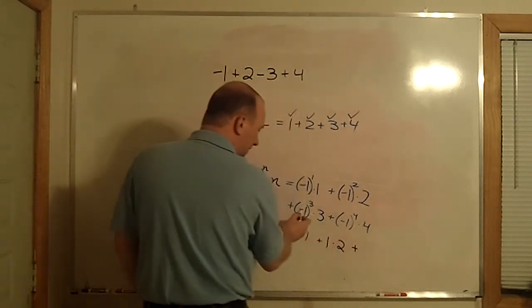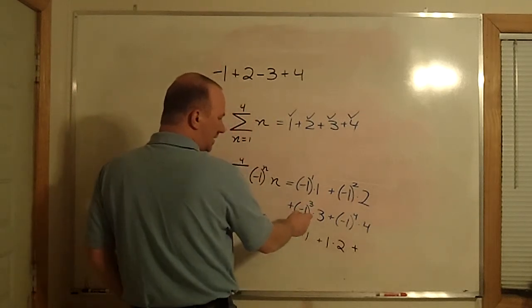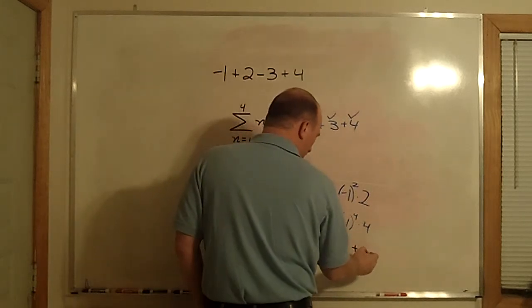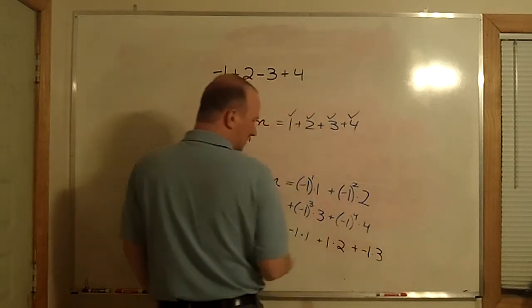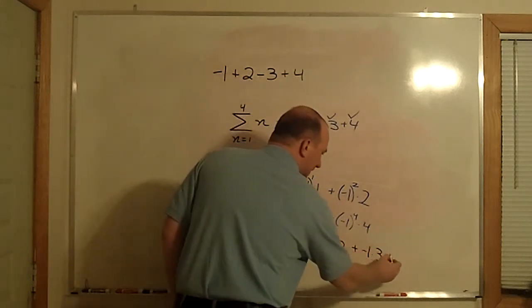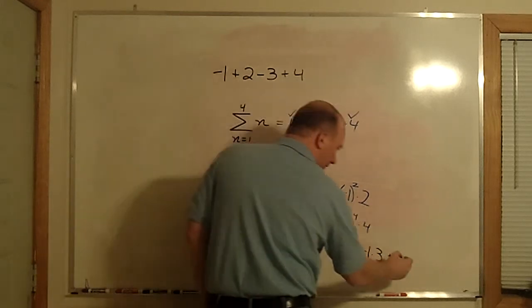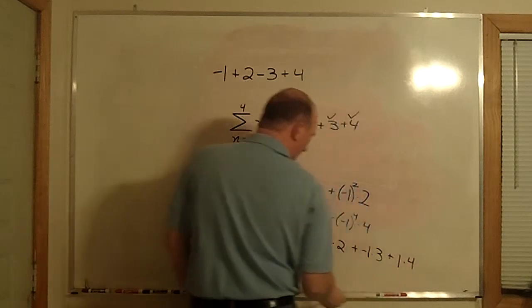The next one, negative 1 to the third power really means negative 1 times negative 1 times another negative 1. So that'll give us a negative 1, and then we still have that times 3. The last piece is negative 1 times negative 1 times negative 1 times negative 1, which would be a positive 1. You multiply it by 4.